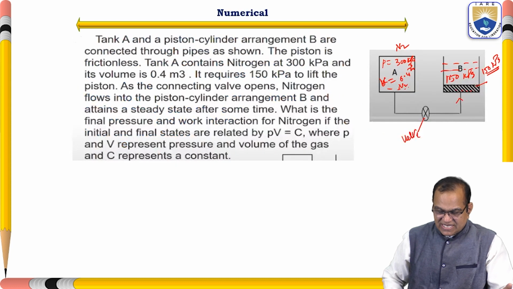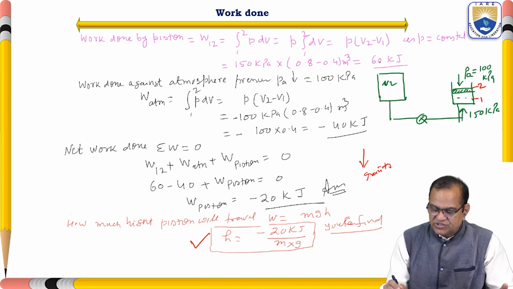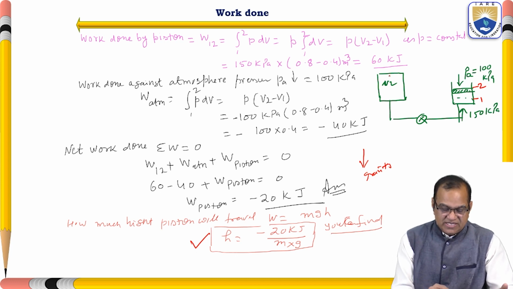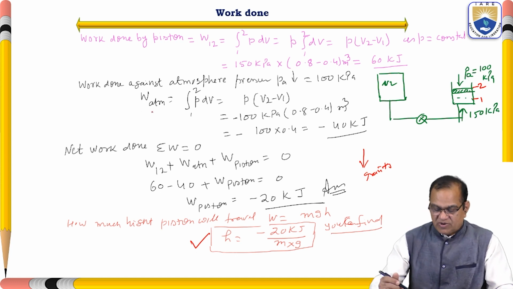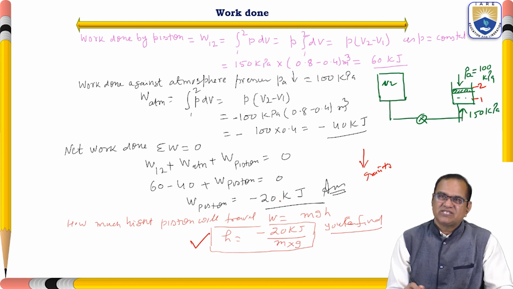And next it is asking about work interaction for nitrogen. So work interaction we have got here from the nitrogen is 60 kilojoule. Then work interaction against the atmosphere, we are getting minus 40 kilojoule. Work done by the piston, we are getting minus 20 kilojoule.